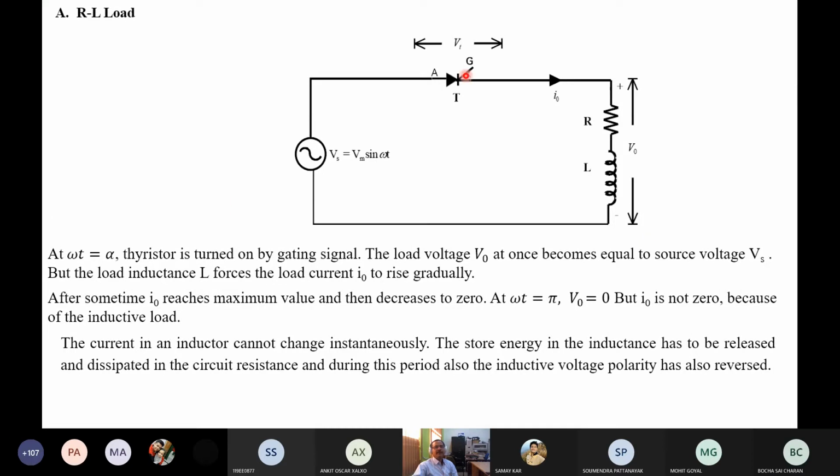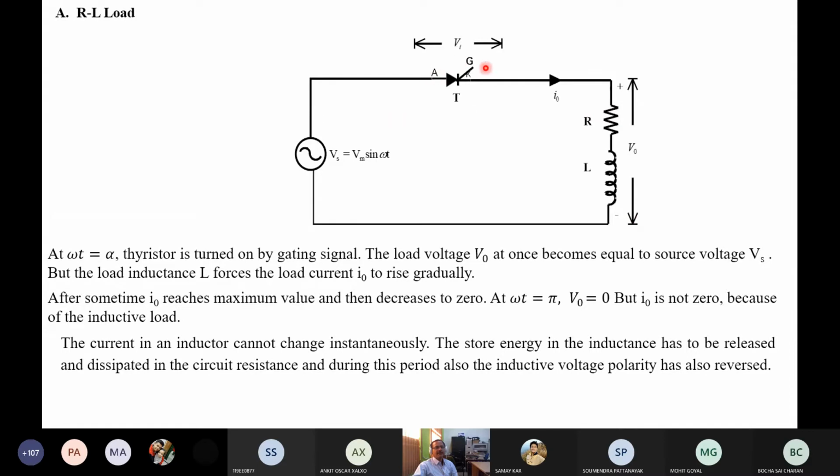So what happens in the first half cycle when it is forward biased? We apply a gate pulse and current starts flowing in this circuit, and energy gets stored in the inductor, half I squared L. Now, after pi, what happens?